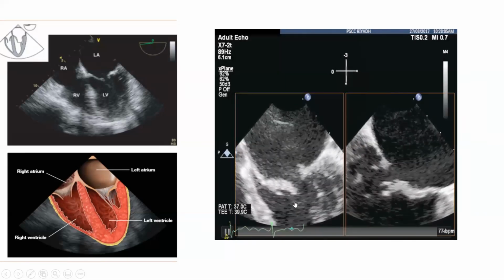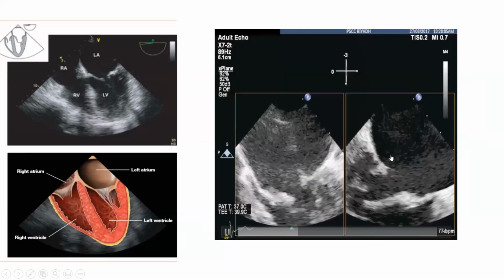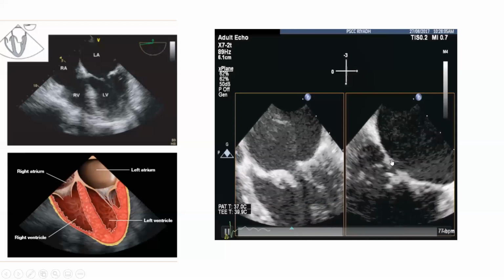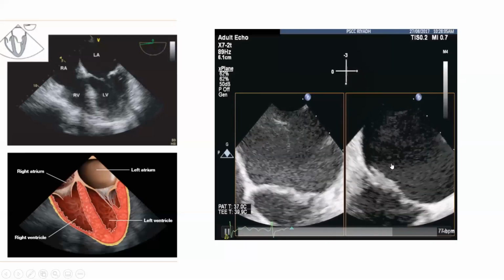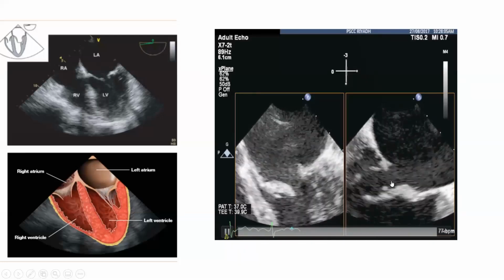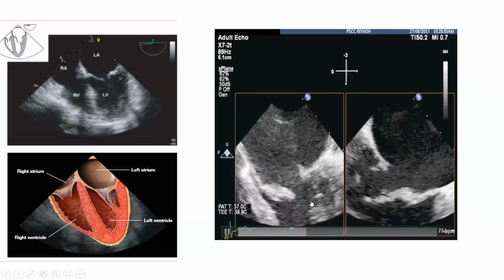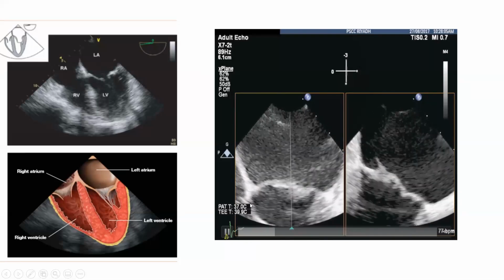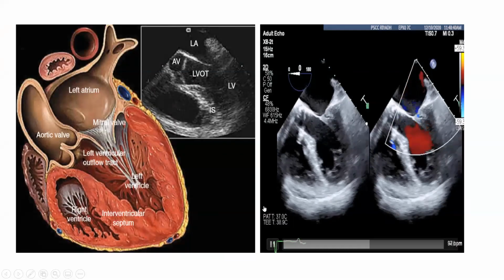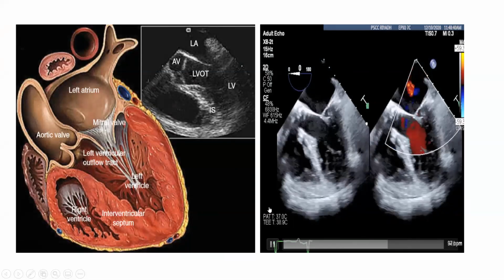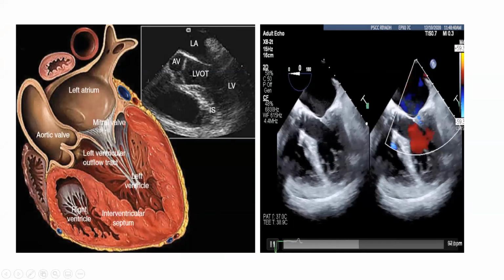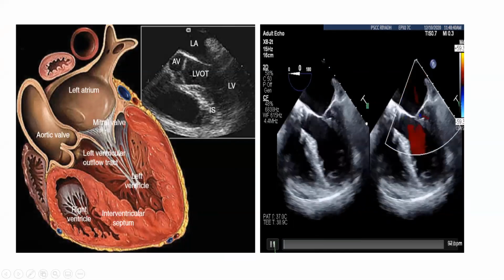Then you put your X-plane, and you will see the pathology clearly here. This is a flail anterior leaflet. No need for details at your level. Anterior leaflet flail.